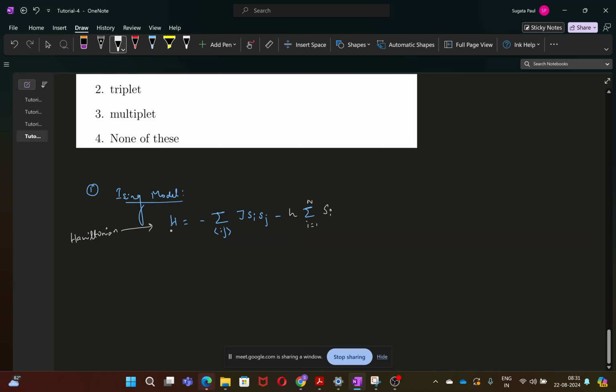This H means Hamiltonian, and this first term is coming from the nearest neighbor interaction. The ij in this bracket means the nearest neighbor interaction between the spins Si and Sj, between the spins which are nearest neighbor to each other.